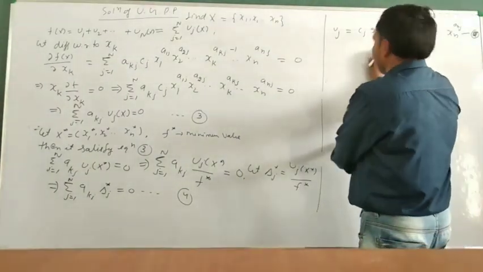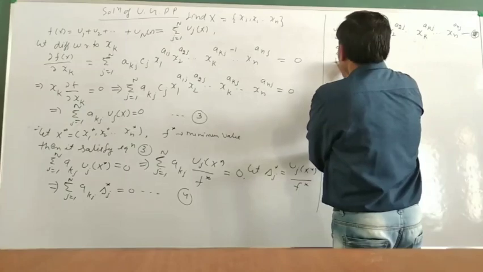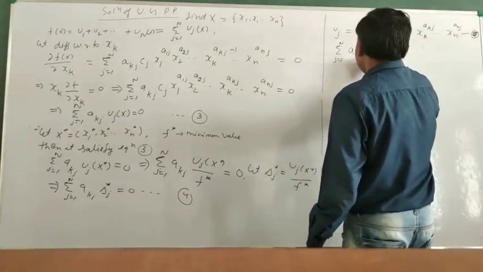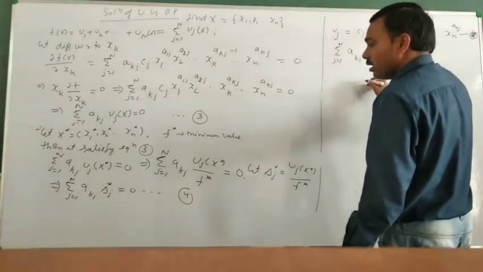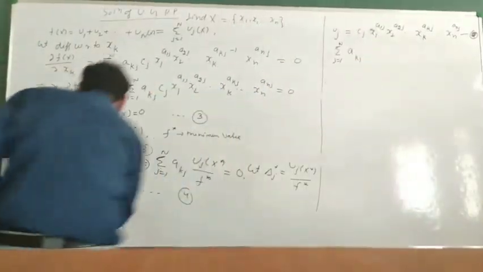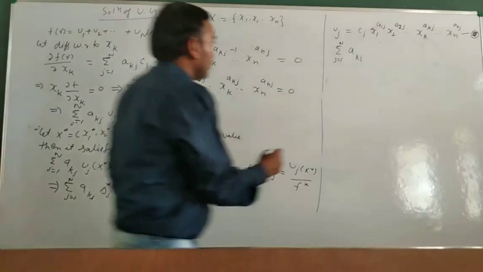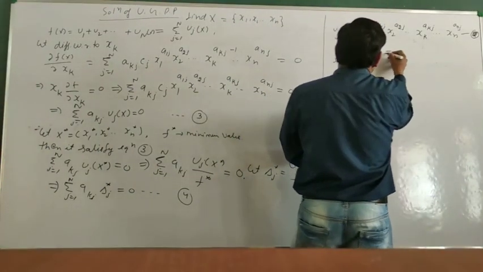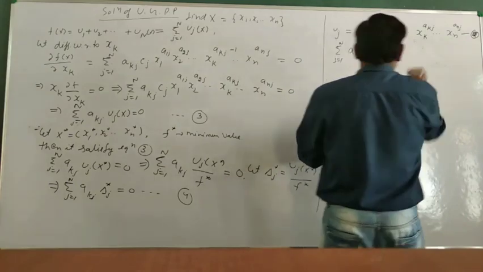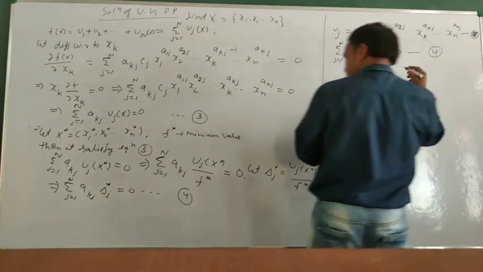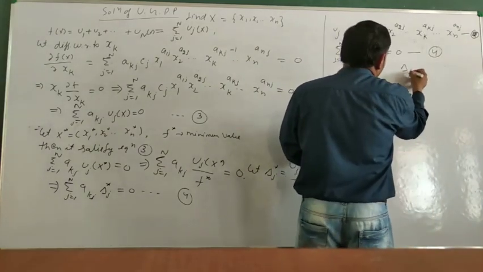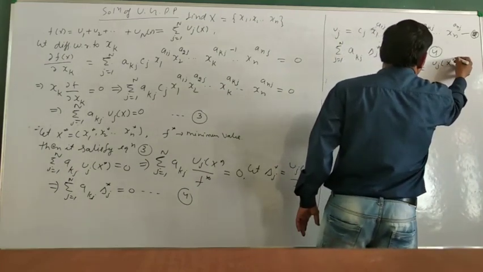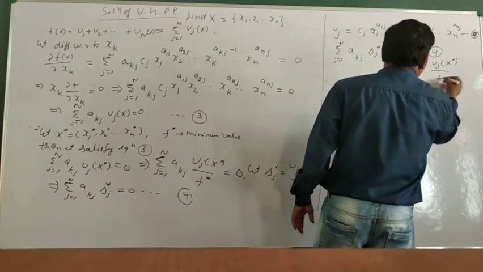Here, a kj delta j star equal to 0 is equation 4, and here delta j star equal to uj x star upon f star.